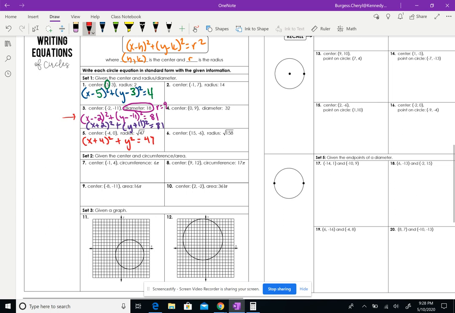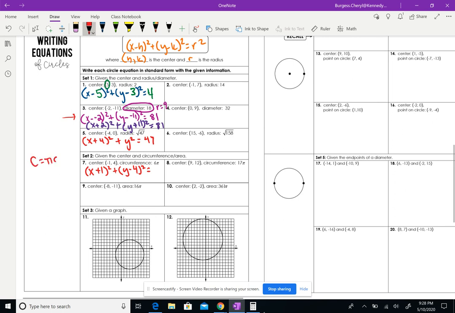Well, we can at least do the first part pretty easily because they give us the center. That is x minus negative 1, that's plus 1 squared, plus y minus 4 squared equals, okay, so they give us circumference is 6 pi.